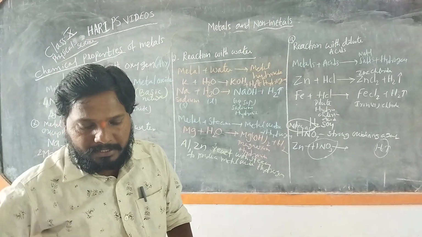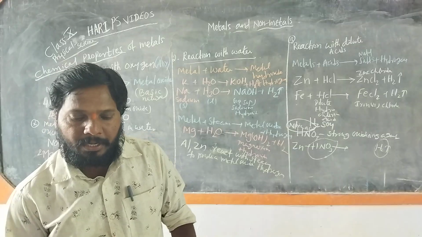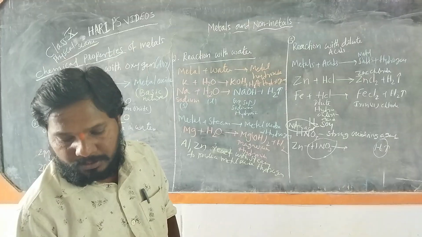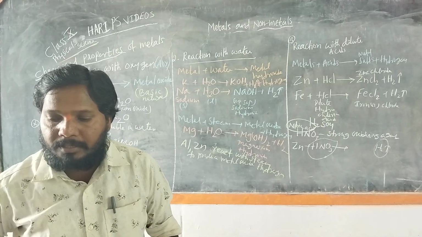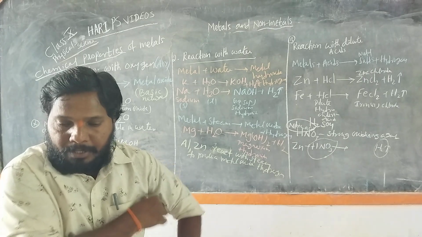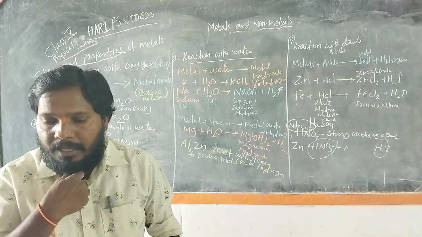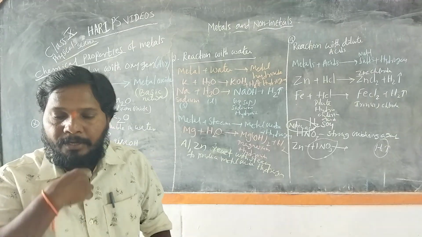Then nitric acid itself is reduced to one of the nitrogen oxides, whether nitrogen monoxide or nitrogen dioxide. The type of oxide formed depends on the nature of the metal and the temperature. Very dilute nitric acid, however, reacts with magnesium and manganese metals to evolve hydrogen gas.